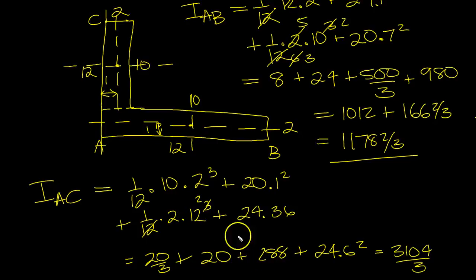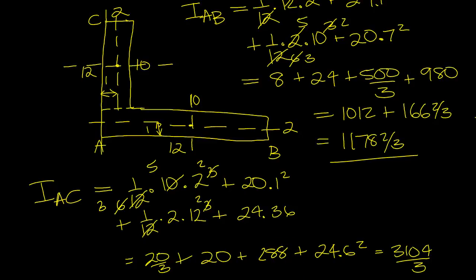Okay, so that one's that. So that might have been the error. This is 20, and this one looks like 20 over 3. So I reckon that's that.